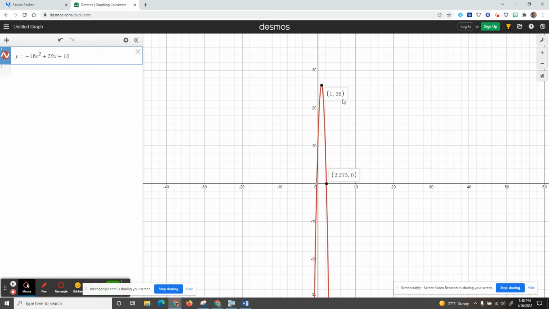So the rocket reaches 26 feet before it starts coming back down. That 1 represents that it took 1 second for the rocket to reach its maximum height. It's not what the question asked for. It asked for the 26, but that is how you would get that if it was asking for that. And then the x-intercept represents how long it takes for the rocket to then reach the ground. So 2.275 seconds from when it launched.